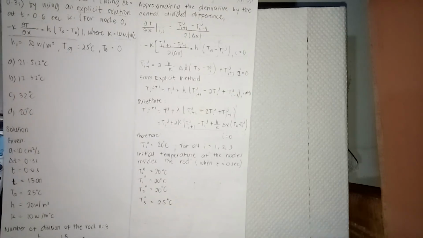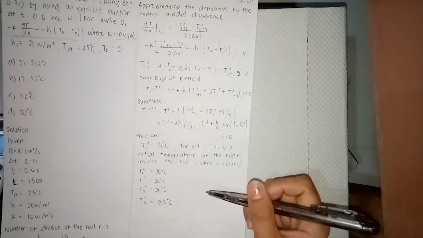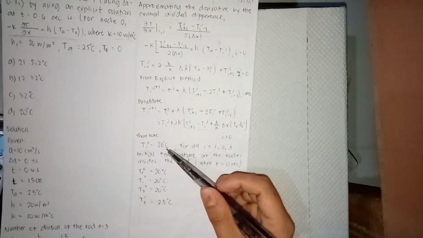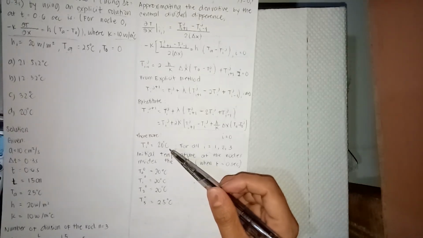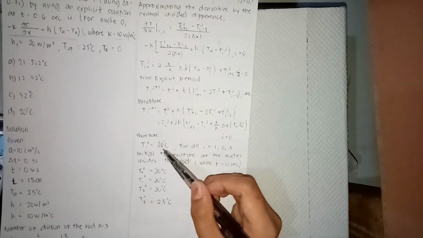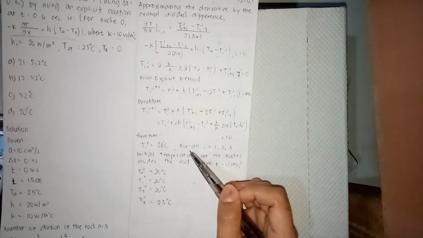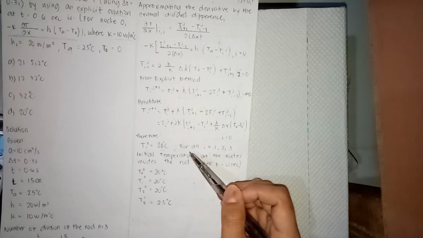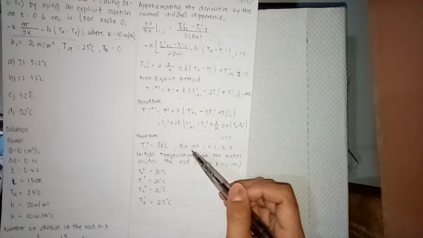Then next we will proceed to our solving, and the initial temperature of the rod is 20 Celsius. So the temperature of the nodes inside the rod is already 20 Celsius when time is 0, except the boundary nodes, which are given.